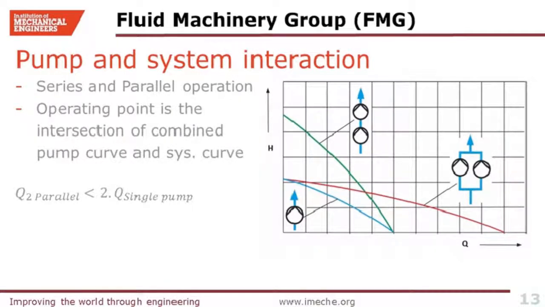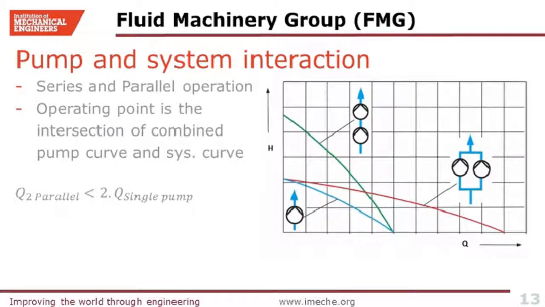This means the flow rate of two identical pumps in parallel is less than twice the flow rate of a single pump. One of the disadvantages of series operation is that if one of the pumps fails, the combined arrangement cannot work. Therefore, when you're considering series operation, make sure the reliability and availability of the system will be taken into account.